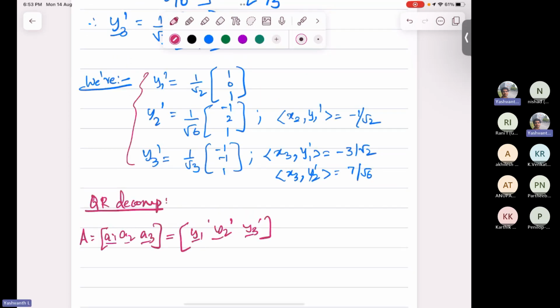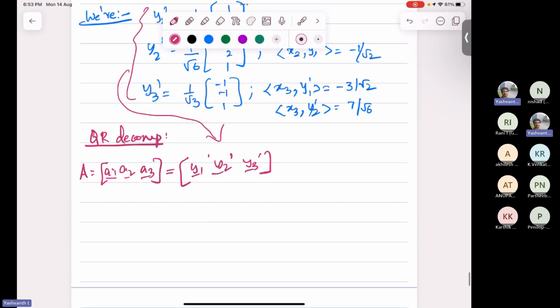All these Yi dash will go as column vectors of the matrix Q. This will be the Q matrix. Now, how will R be defined? It's a non-singular upper triangular matrix with positive diagonal entries. It's defined as follows. Take the inner product of A1 and Y1 dash.